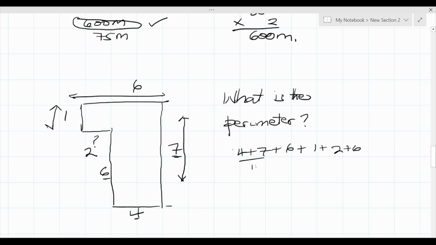So 4 and 7 is 11. 11 and 6 would make 17. 17 and 1 would be 18. 18 and 2 would be 20. 20 plus 6 would give me 26. So my answer there should be 26 units. All right, so the perimeter should be 26 units, whatever the units are.